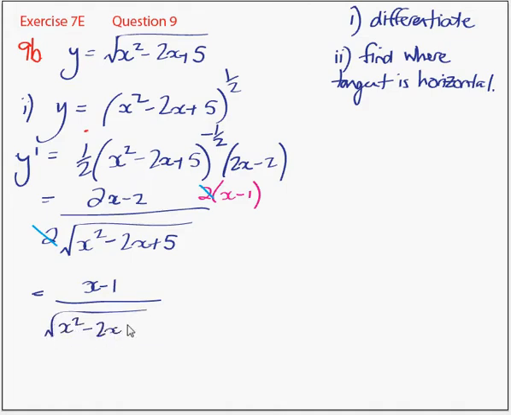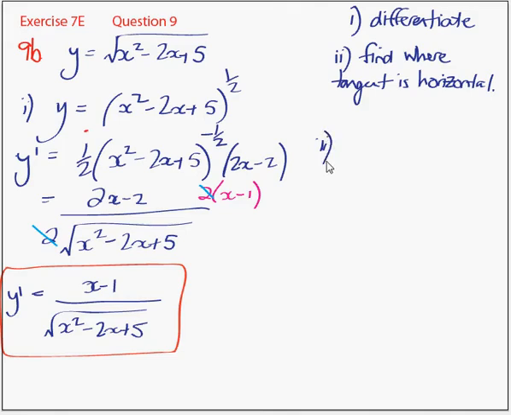This is our gradient function. This function can tell me the gradient anywhere that I like, or it can tell me where the function has certain value gradients. Useful, because that's what I need to do in the second part of this question.